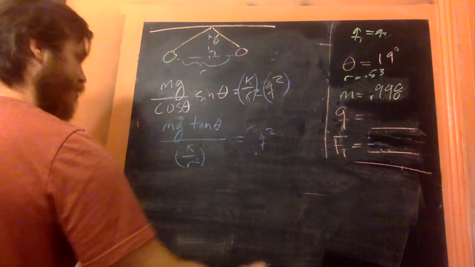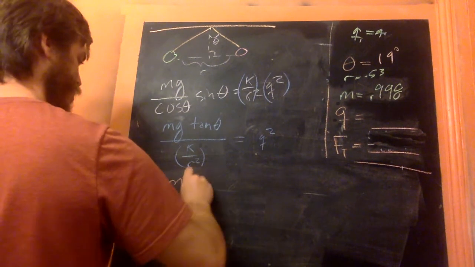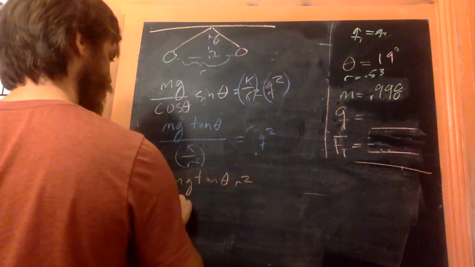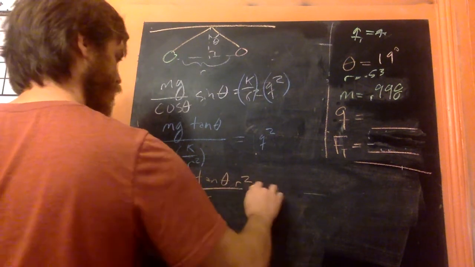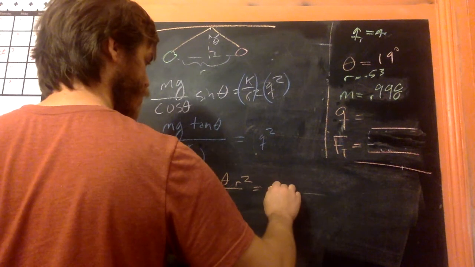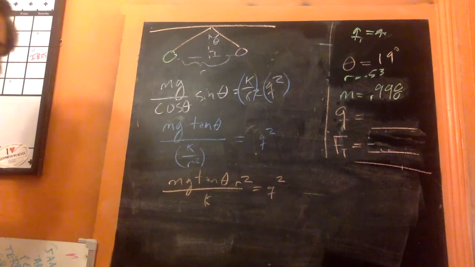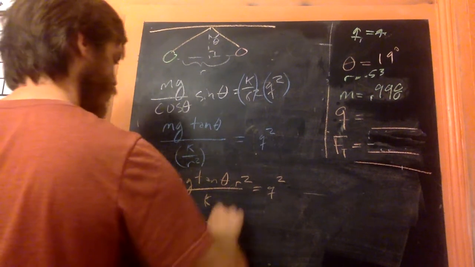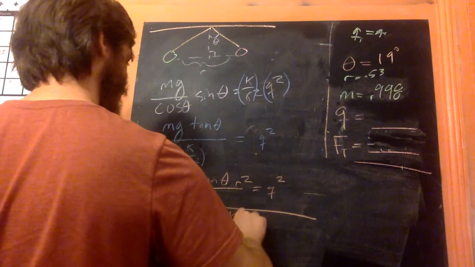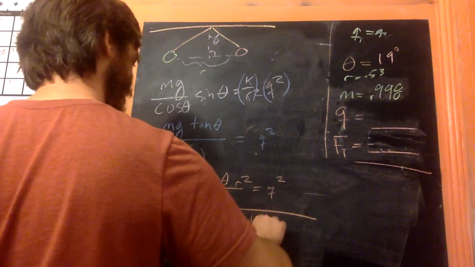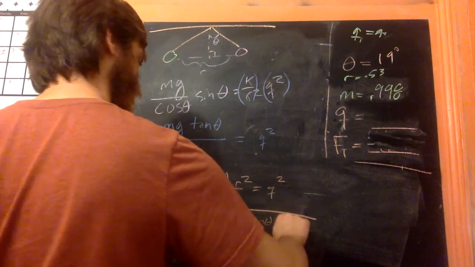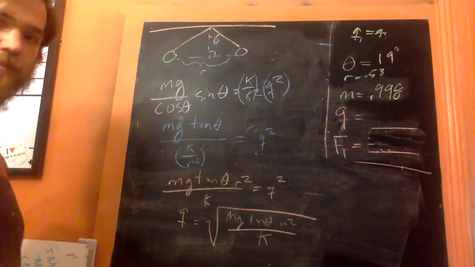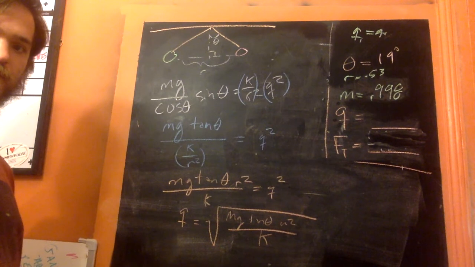And manipulating this one more time, we get mg tan theta R squared over K is equal to Q squared. So then Q is equal to the square root of mg tan theta R squared over K.